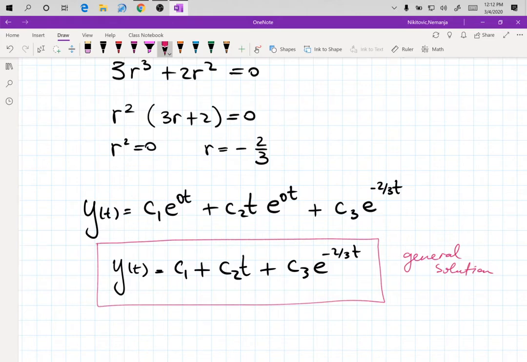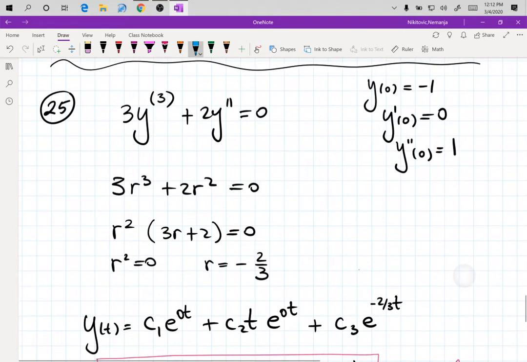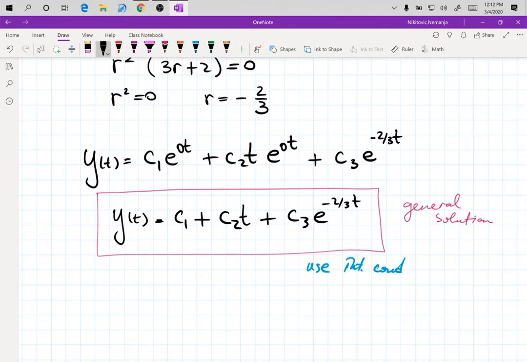Good. So now we're going to use initial conditions. Well, I can't really. I need two derivatives here first. So I need to find y prime.